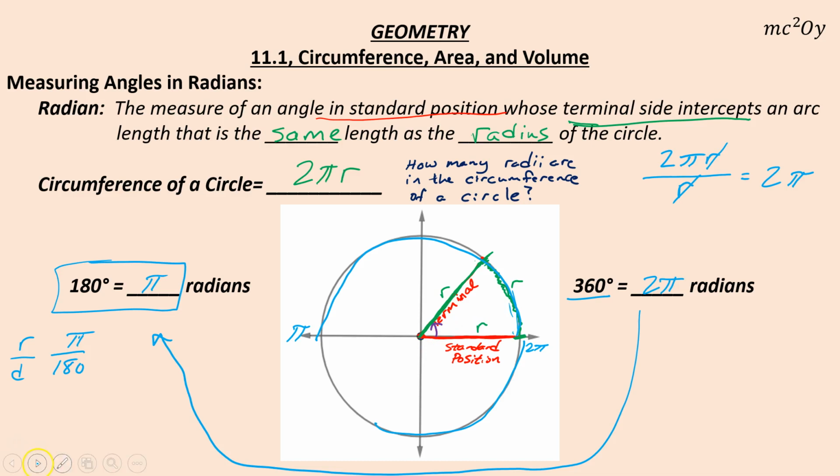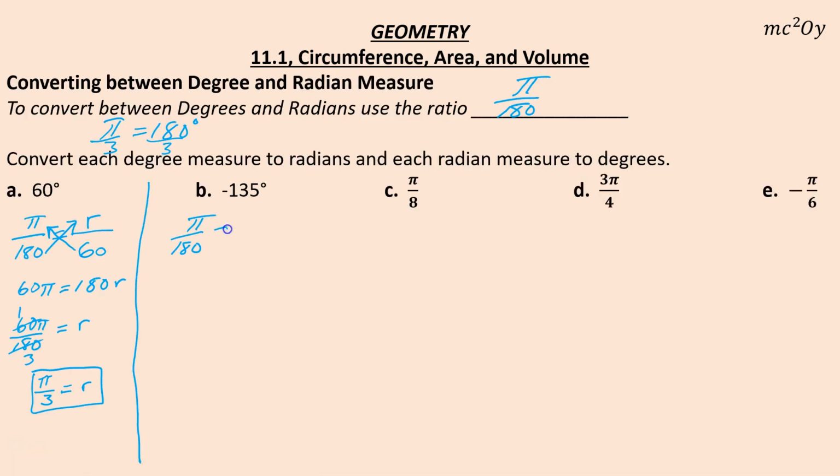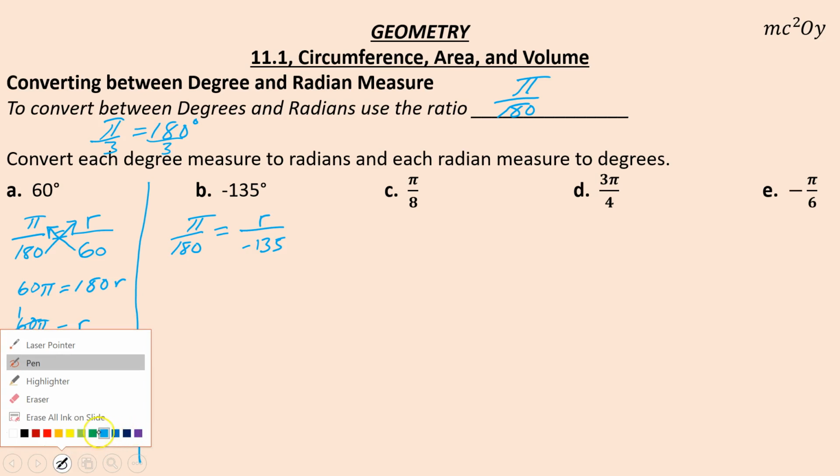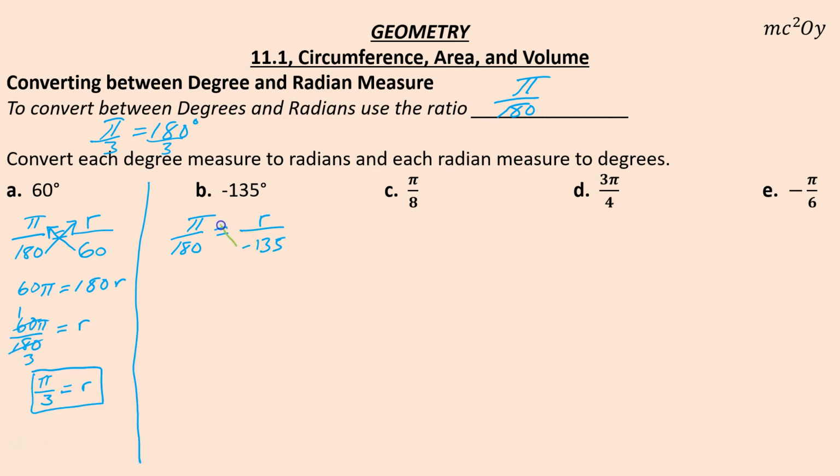Okay? But negative 135, so we're comparing radians over degrees. So we'll replace the degree with negative 135. Okay? Well, we go through the same process. We're going to go ahead and cross multiply. So we get negative 135 pi is equal to 180R.